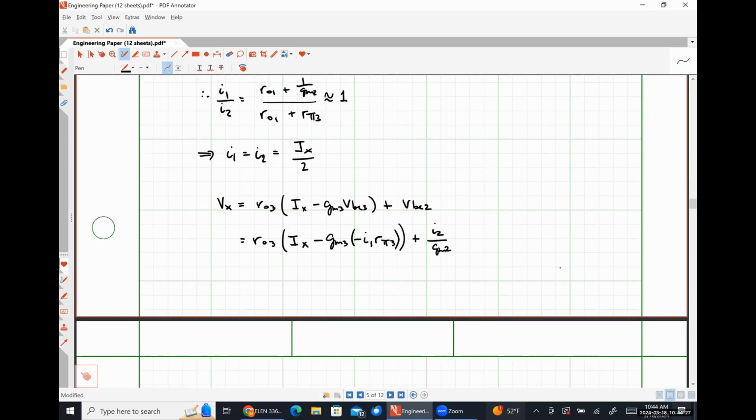And now everywhere we see I1 or I2, we can just replace that with IX over 2. So that'll be R naught 3 times IX plus GM3 R pi 3 IX over 2 plus IX over 2 GM2.